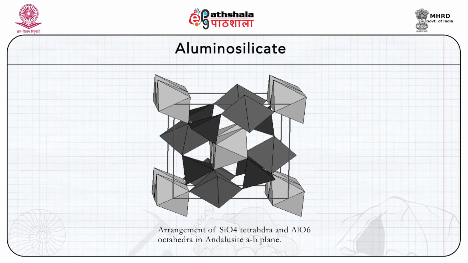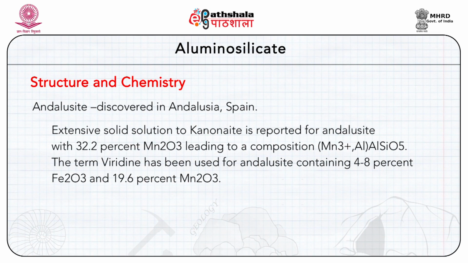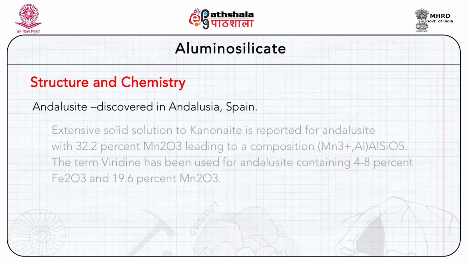octahedral aluminum. Extensive solid solution to kanonaite is reported for andalusite with 32.2% Mn2O3 leading to a composition Mn3+AlSiO5. The term viridine has been used for andalusite containing 4 to 8% Fe2O3 and 19.6% Mn2O3.